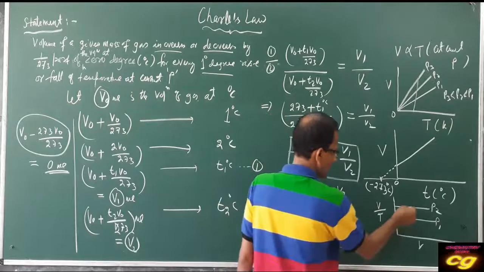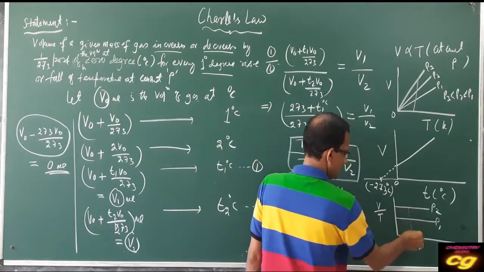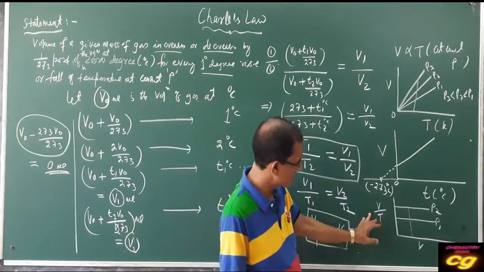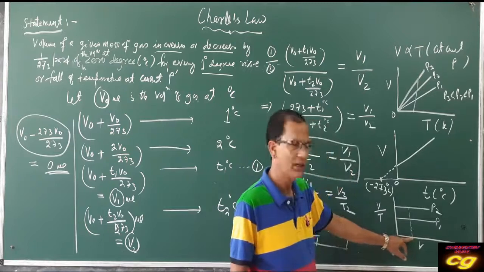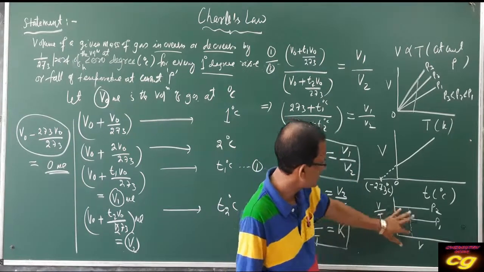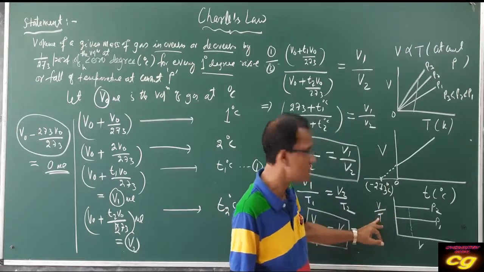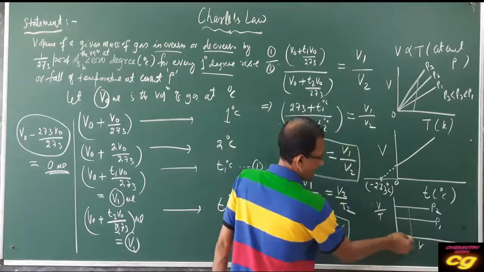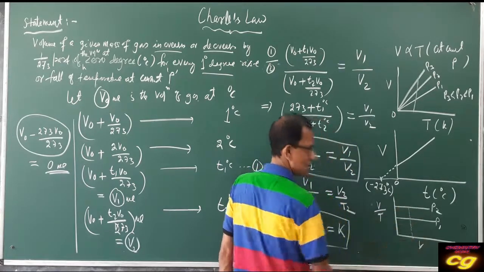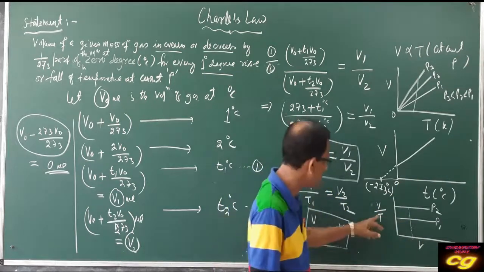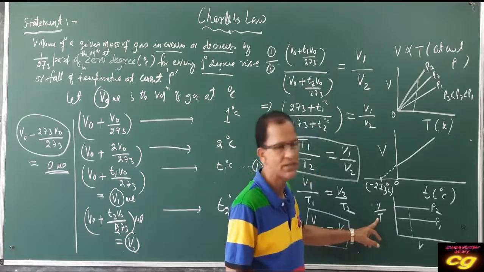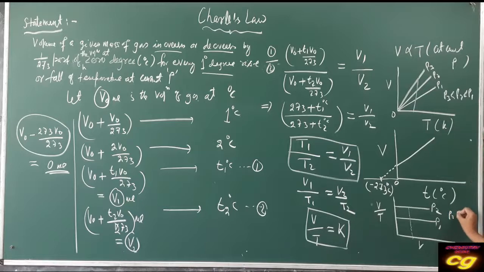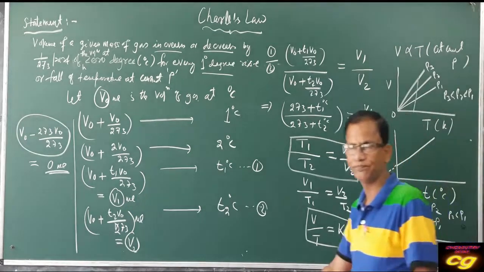Suppose V is constant, but V by T is increasing. V by T increasing means temperature is decreasing. Temperature decreasing means pressure is also decreasing, because V is constant. What is the relation between them? P2 is less than P1. This is the graph.